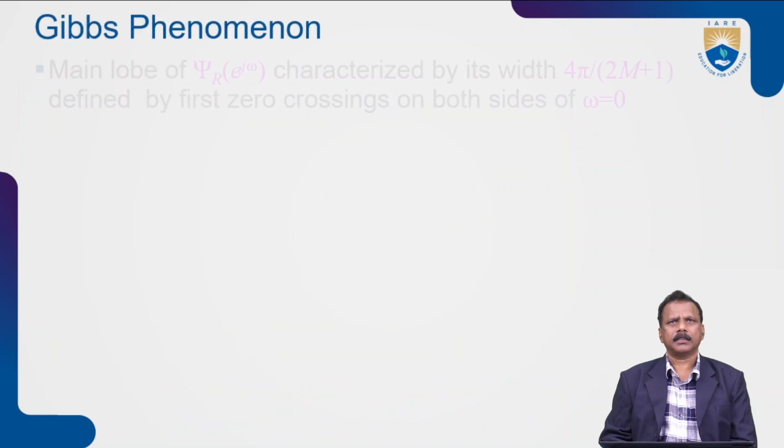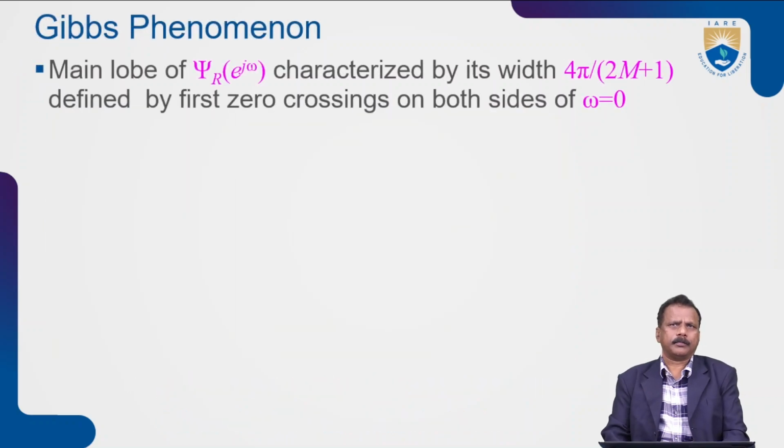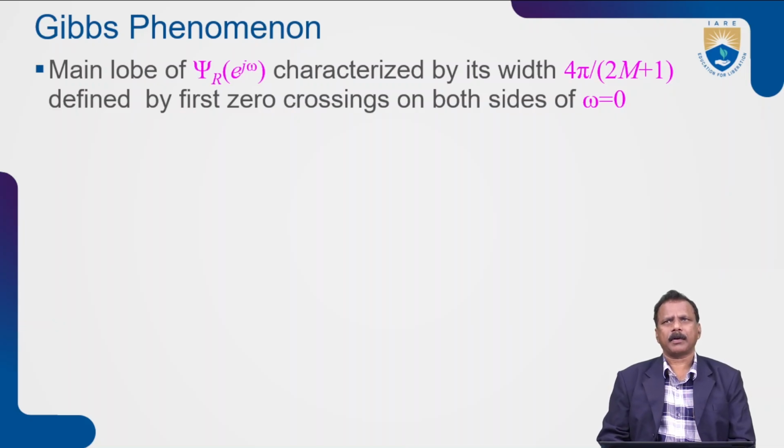So the main lobe of Ψr(e^jω) is characterized by its width 4π/(2M+1), defined by the first zero crossings on both sides of ω = 0.